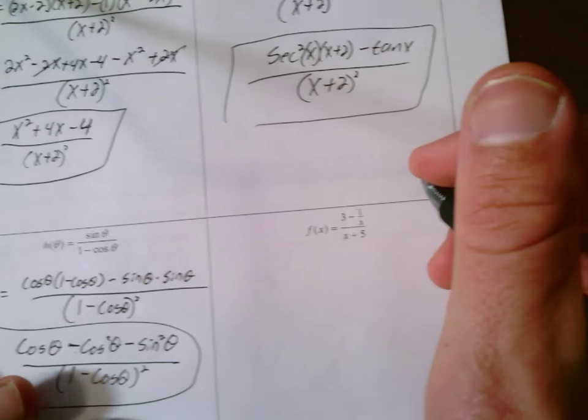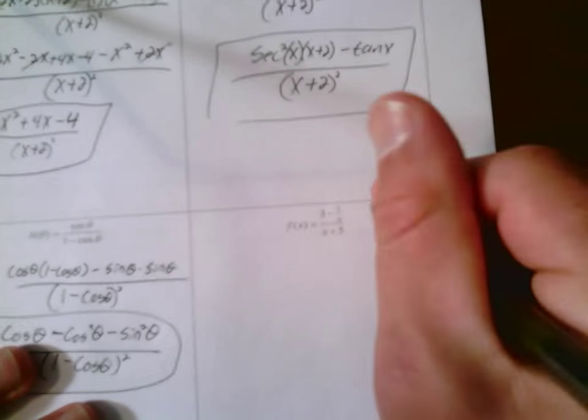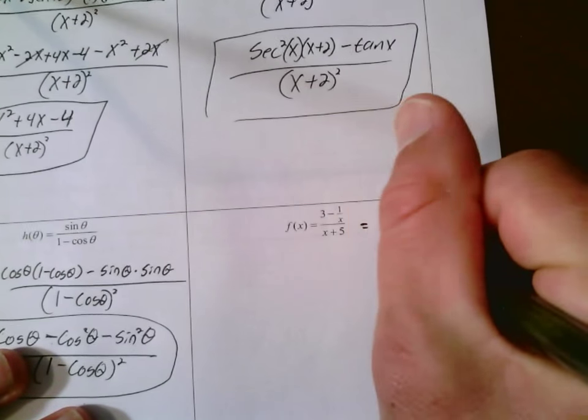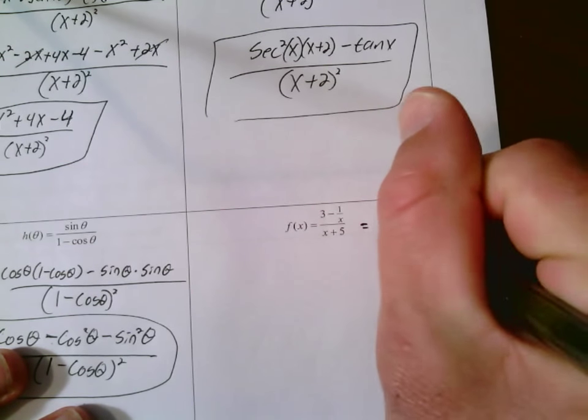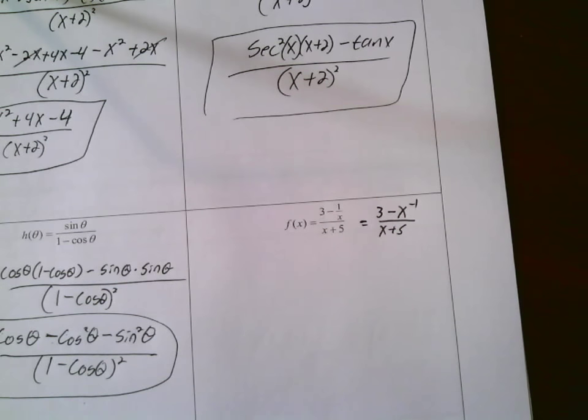Next one, I get 3 minus 1 over x over x plus 5. I'm going to simplify this just for myself. Write it in polynomial form, like so.